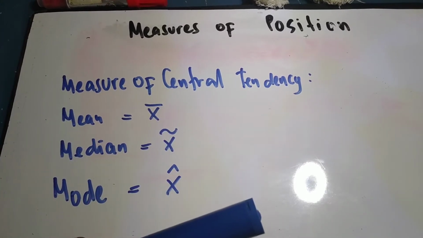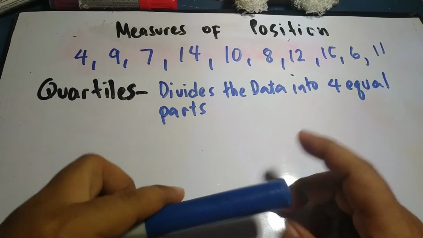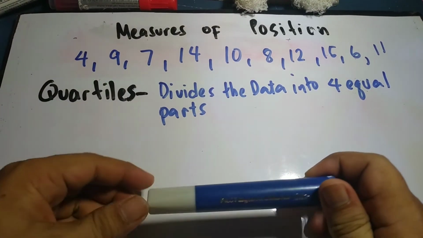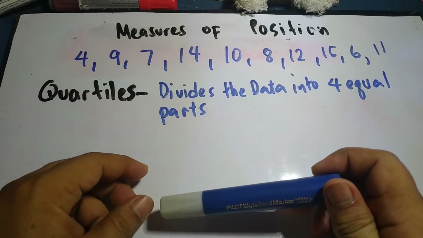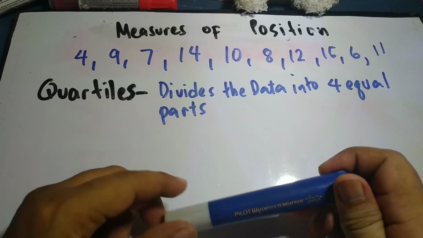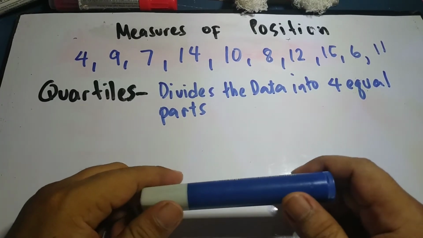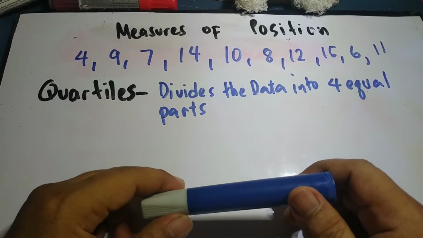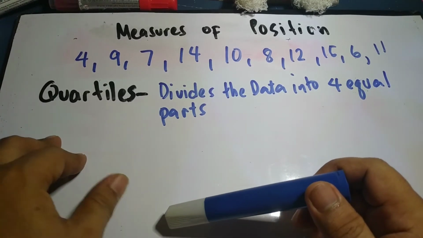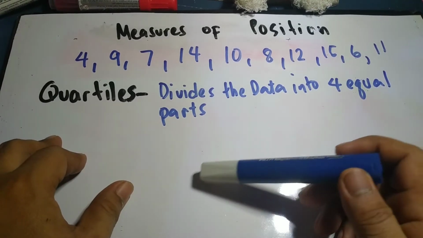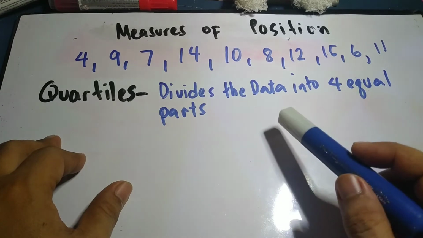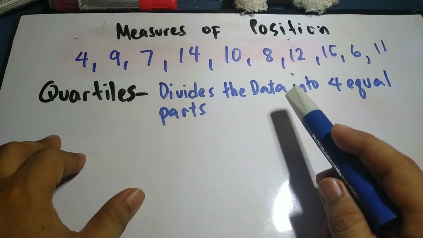Isa-isahin po natin. Yan, so we are now in measures of position. So we have 3 measures of position. So the first one, meron tayo ditong quartiles. Okay, so when we say quartiles, it divides the data into 4 equal parts.